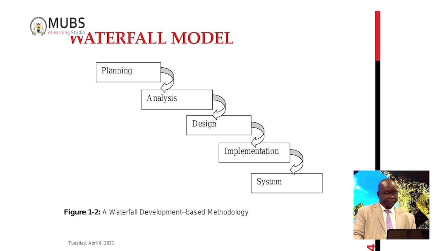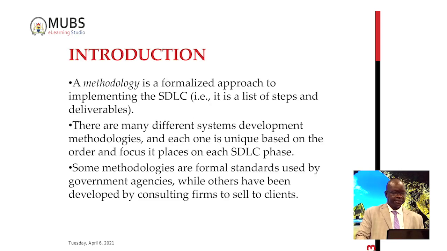Now, methodology is a formalized approach to implementing the systems development life cycle. Those 4 important phases I've just mentioned, that is planning, analysis, design, and implementation, can be executed in different ways. And this is actually the definition of methodology. A formalized approach to implement systems development life cycle.